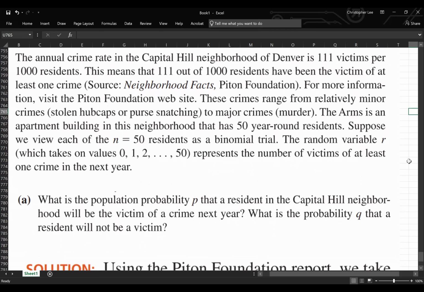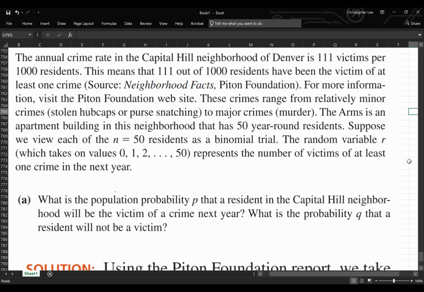This means that 111 out of 1,000 residents have been a victim of at least one crime. These crimes range from relatively minor crimes, stolen hubcap or purse snatching, to major crimes, like murder, right?